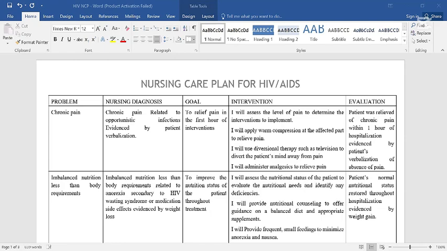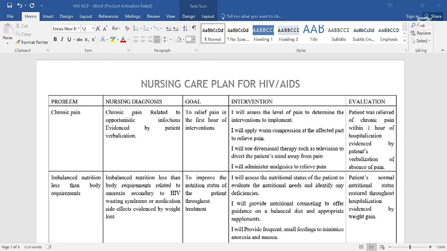You have to assess the levels of pain so that you can know what to put up in order to relieve pain.